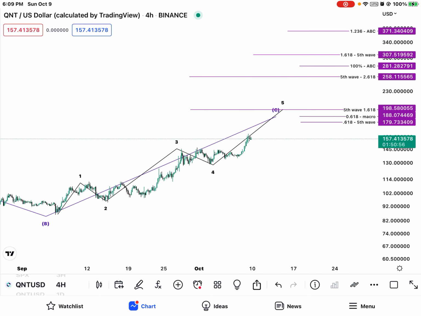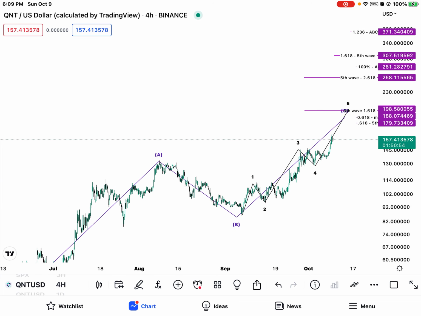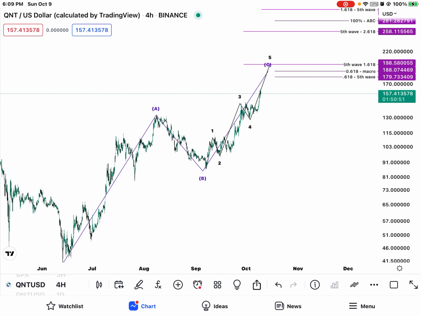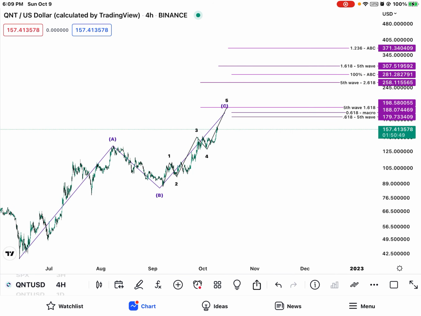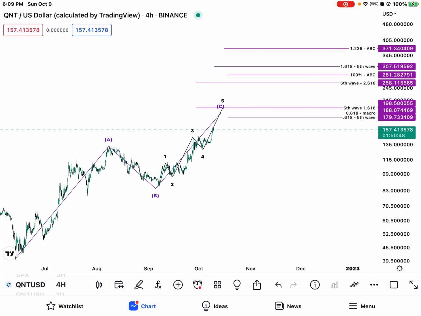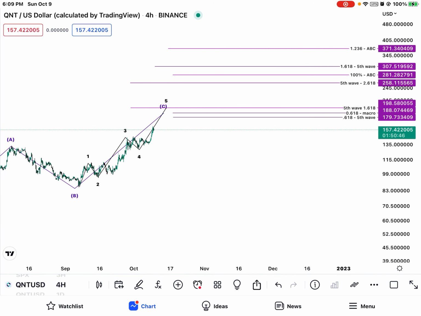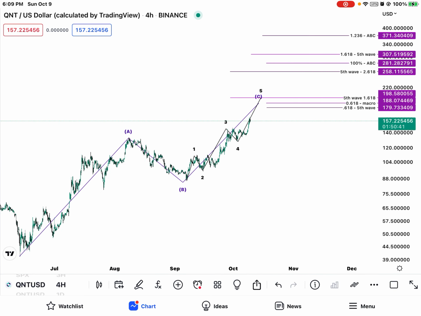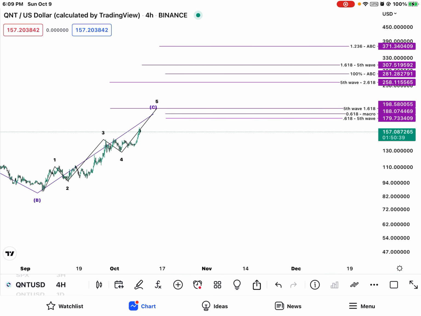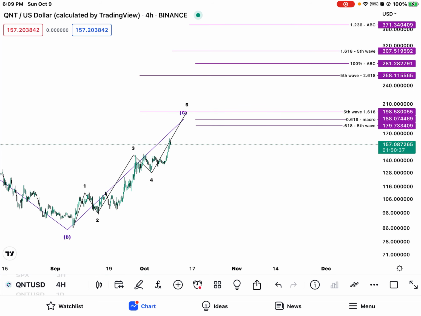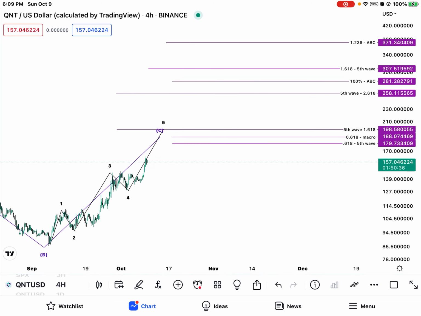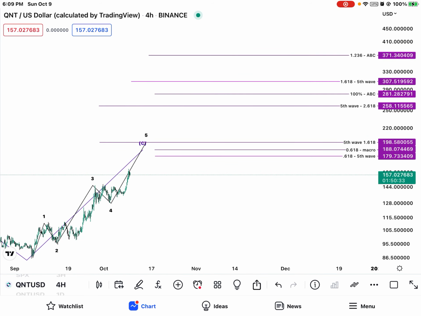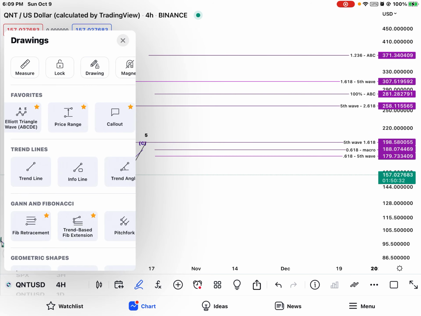Okay. So these would be our targets. Now, the question is where can this fifth wave reach? And we can find that out roughly by seeing where the clusters of Fibonacci levels are.